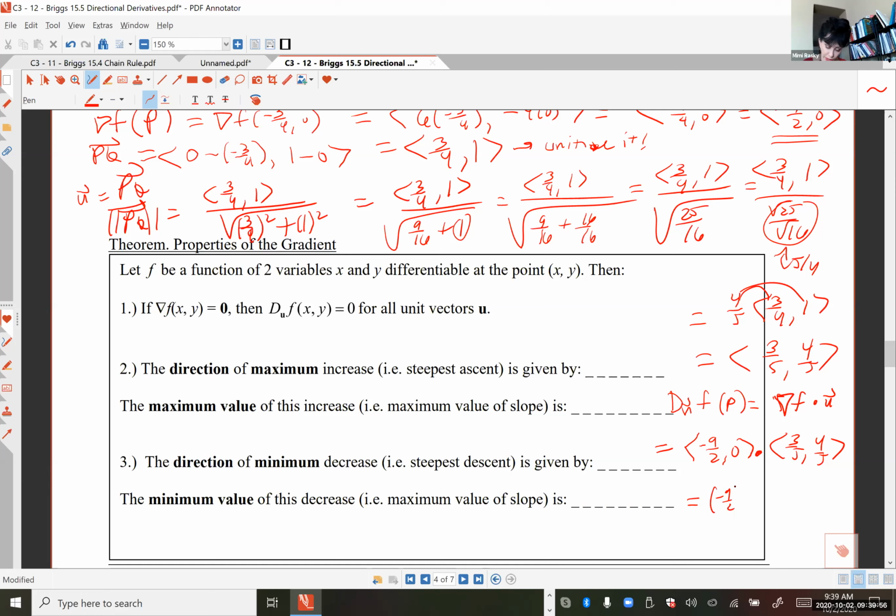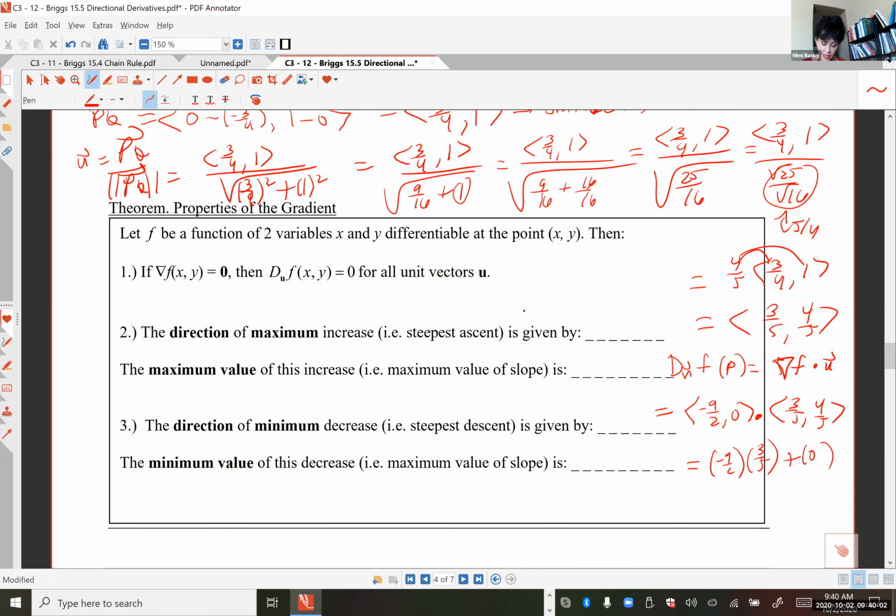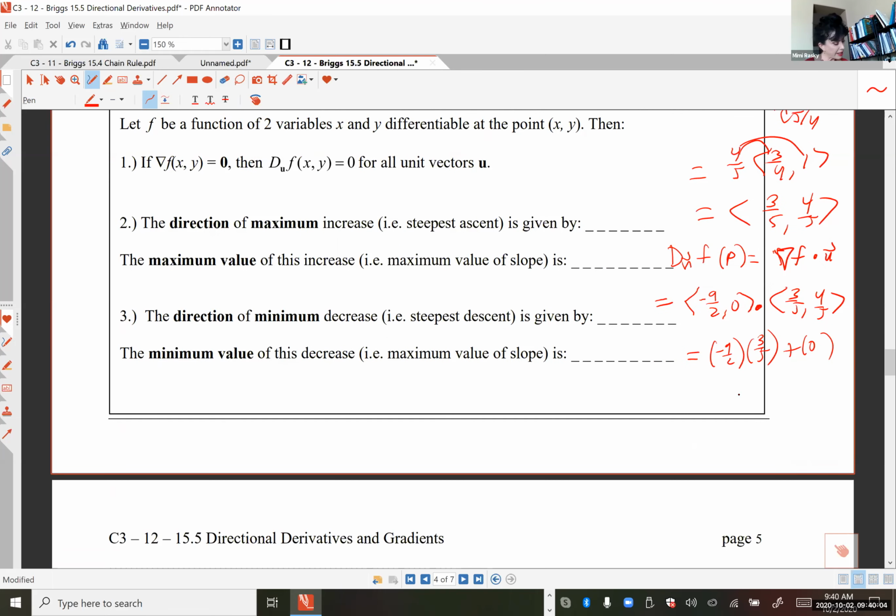You take the product of the x components and then add that to, well, 0 times anything is 0. And then what is negative 9/2 times 3/5? I get negative 27/10. And I'm done. So I just used the gradient to help me get a directional derivative. Fine. And we're done with that problem.